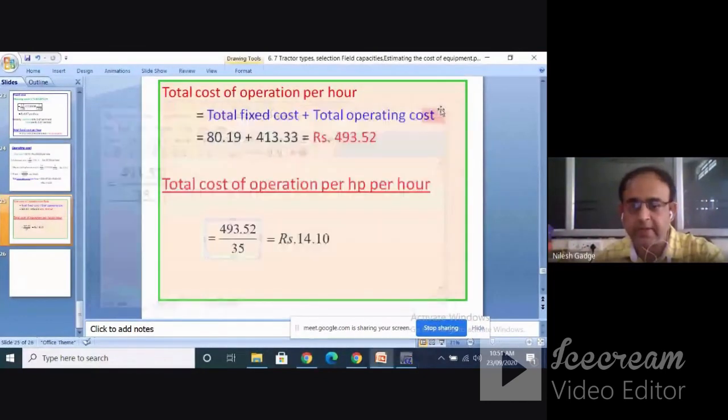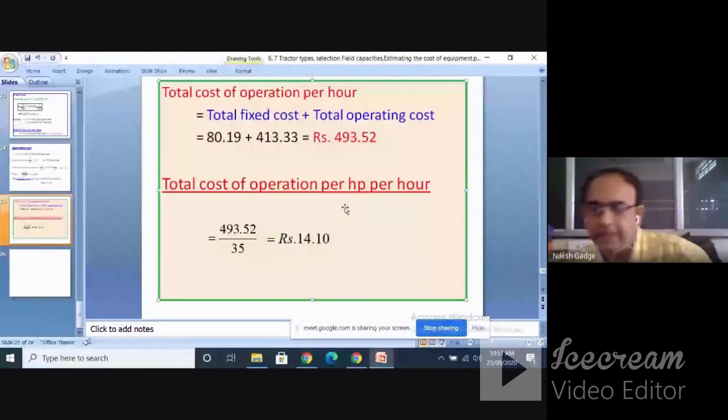It will be in rupees per HP per hour, because this is in rupees per hour. When it is divided by HP, it will be in rupees per HP per hour. This is 14.14. Have you finished or not?